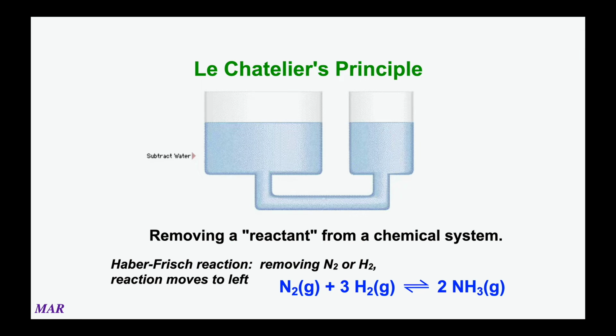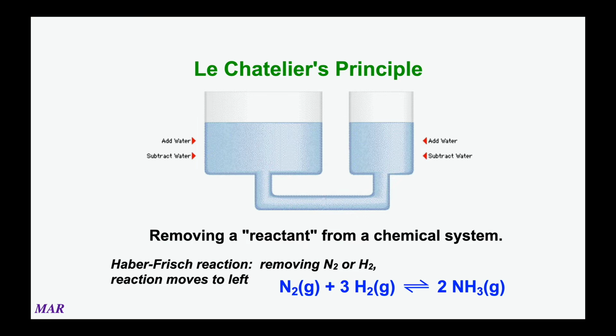Removing water from the left tank causes water to move from the right tank to the left. Equilibrium shifts to the left, as it does in a reversible chemical system when we reduce the quantity of the reactants. In this example, we removed a reactant, and you can see that as you removed a reactant, the water pushed itself over to the other side. This is what happens when you remove something. Removing a chemical from an equilibrium makes the equilibrium shift to the side you removed.